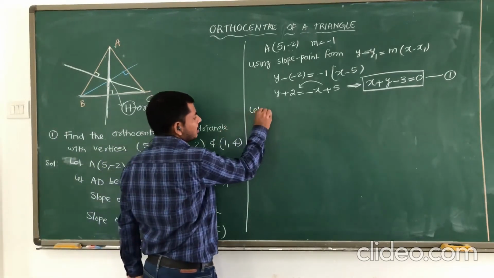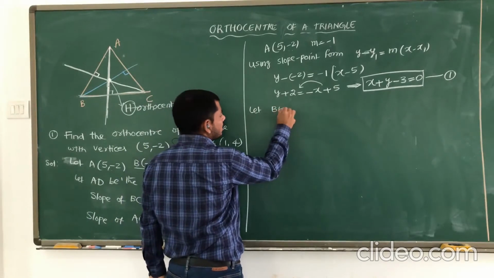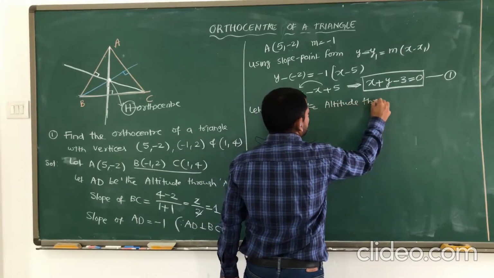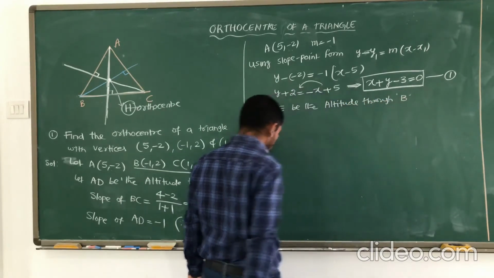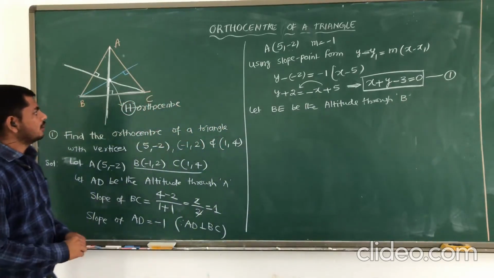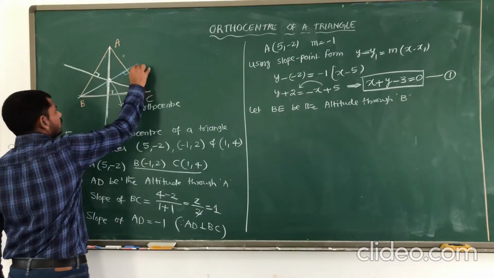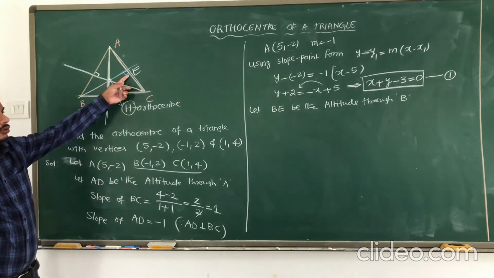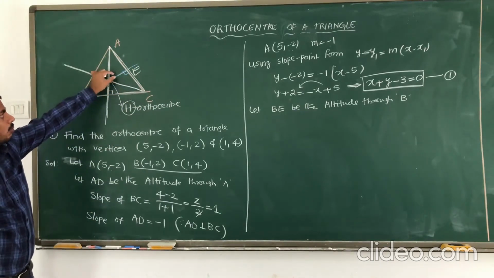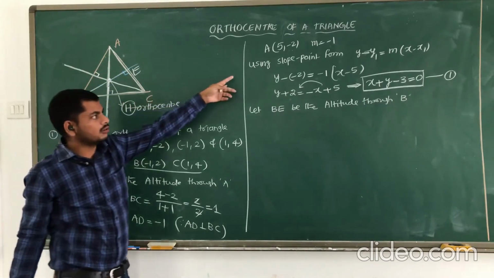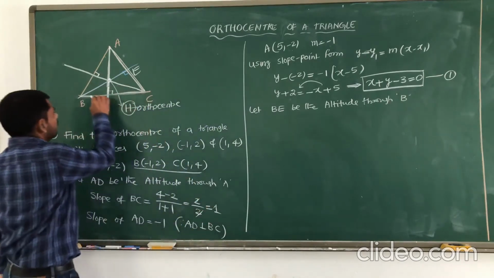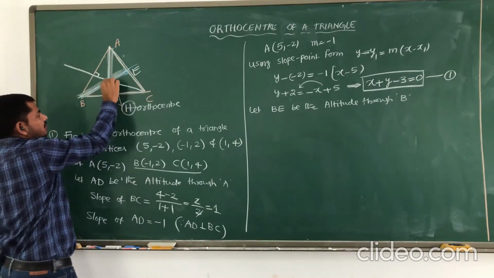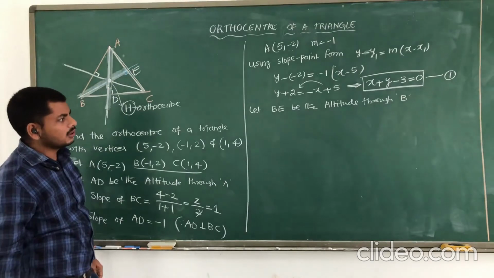Here, let us find it from B. Let BE be the altitude through vertex B. First find the slope of AC, then use the perpendicular slope, that is the slope of the line BE. With the slope and vertex B, using the same slope point form, we will get the equation of BE. Already we have the equation of AD.